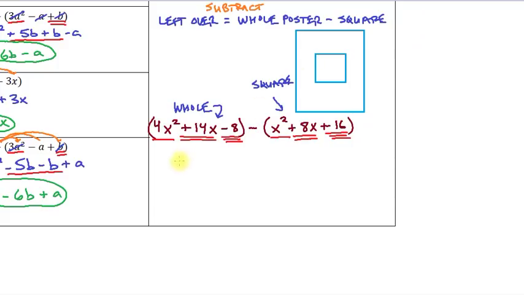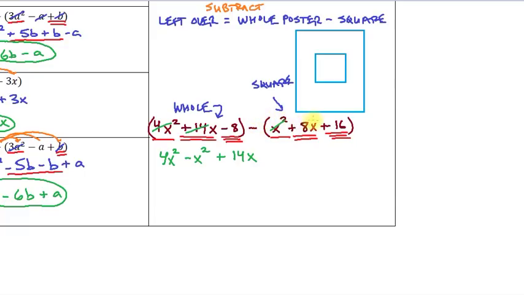All right, let's rewrite our equation and put all our like terms together. We've got 4x squared. That takes care of this one. I've got negative 1 times x squared, which is negative x squared. Remember to distribute the negative sign. That takes care of that one. All right, now we got a positive 14x. That takes care of this one. We've got a positive 8x, but we're multiplying it times a negative number because we're subtracting it.